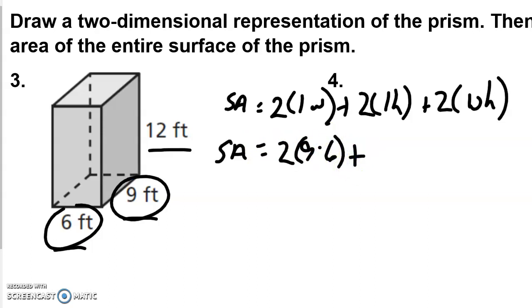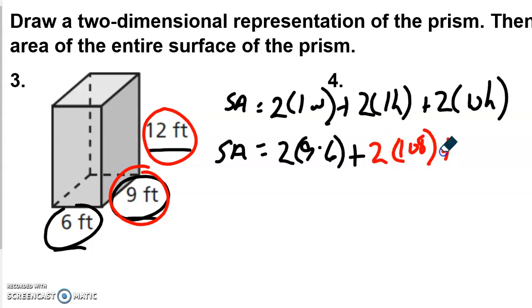plus, now I'm going to match up this and this, 2 times 108 plus the last 2 I need to match up the 12 and the 6, 2, 6, and 12. Okay, now I put it all together.